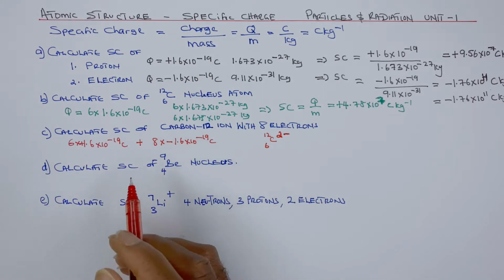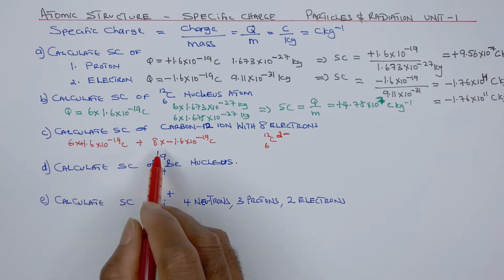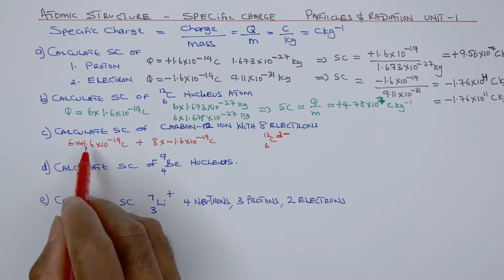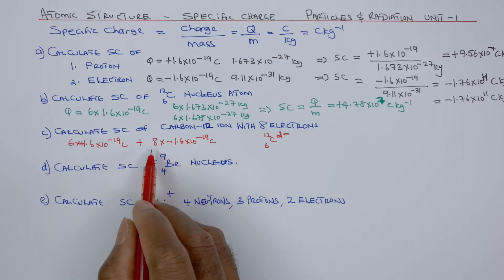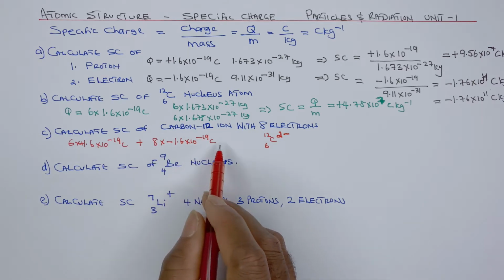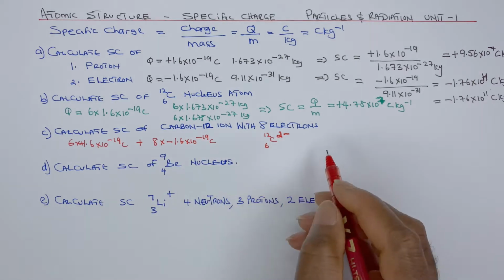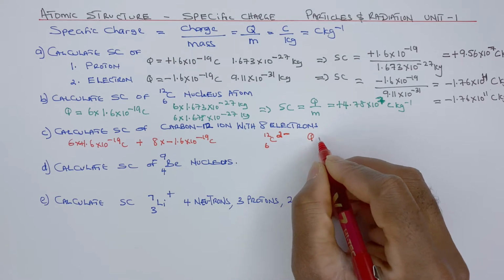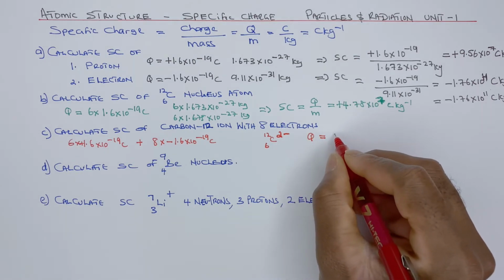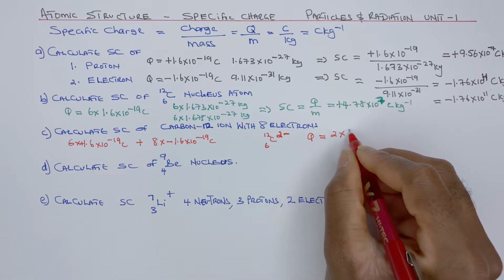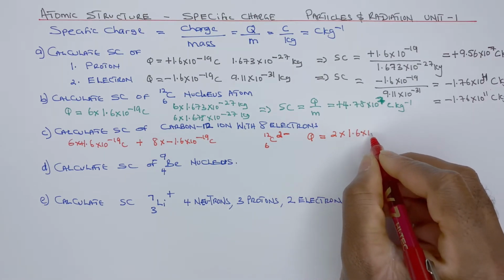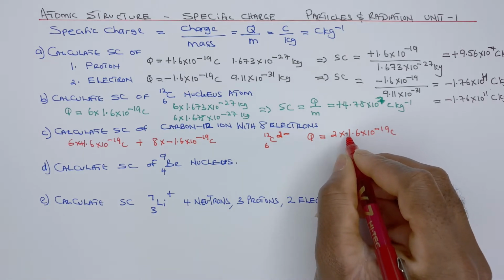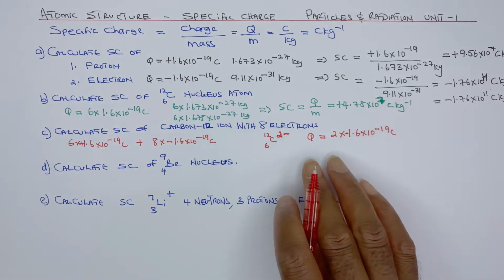We don't need to do that whole calculation; we can just do 2 of the electrons, because the overall charge is 2 minus. So the charge Q should be 2 times 1.6 times 10 to the power minus 19 coulombs. Obviously it's negative, and that's all we need.